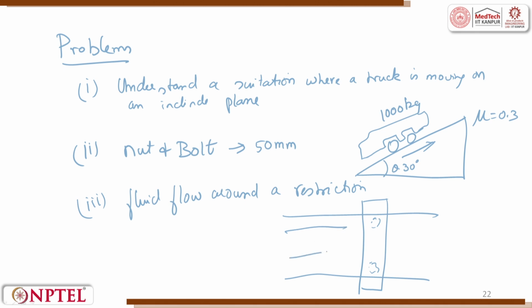So, this is the stream of fluid which is flowing and there is an obstruction, a pillar is made and the bridge is made on the top. So, in this situation, try to figure out what forces come and how you try to solve, because when the fluid is flowing, it will try to go around the pillar. So, these are three situations which are all real time applications.